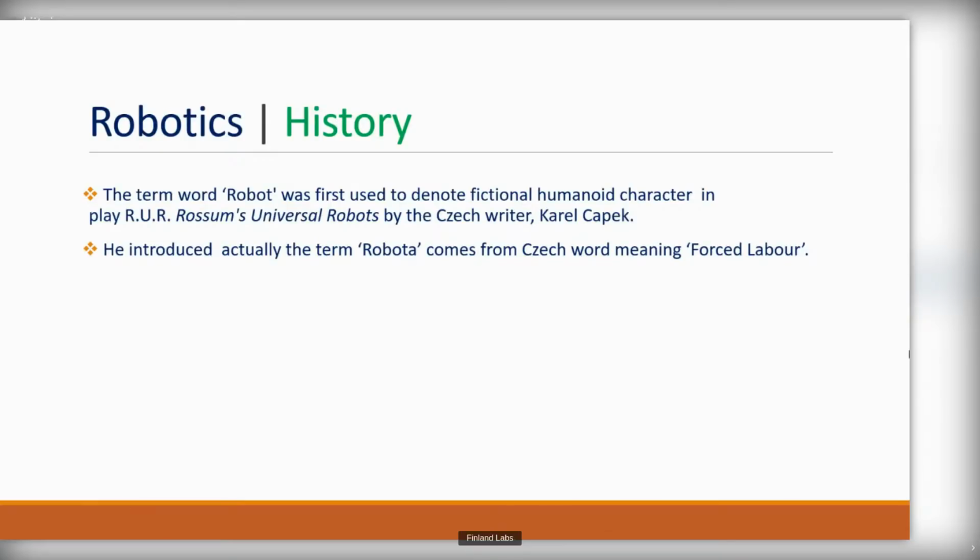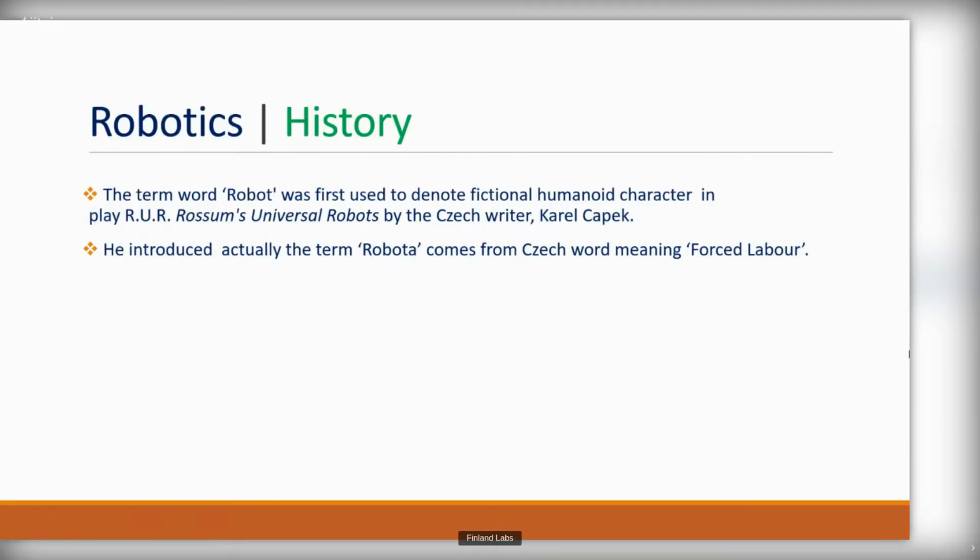Basically this word is derived from the word robota, which means forced labor. What is forced labor? Labor means someone who does our work, and forced labor means someone who is forcefully doing our work. If I'm giving an instruction, he has to do the work. So the word robot is derived from the word robota, which means forced labor.